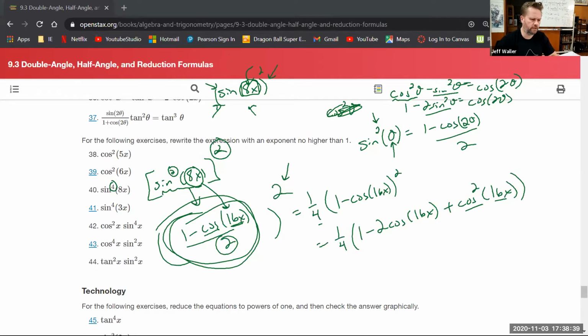So you just multiply by 2. All right, and I really want you guys to understand, here is the rule that we have proven. We proved that rule together. What does that rule say? If I have sine squared of something, that's 1 minus cosine of twice that something over 2.